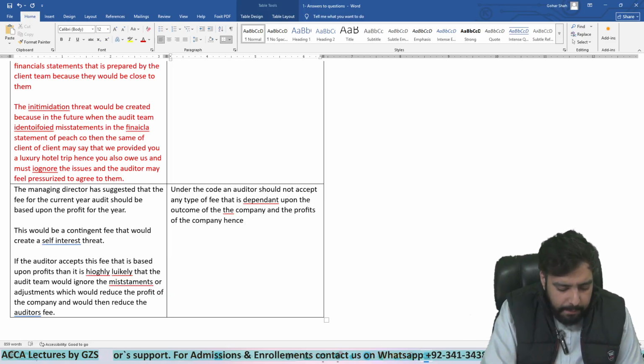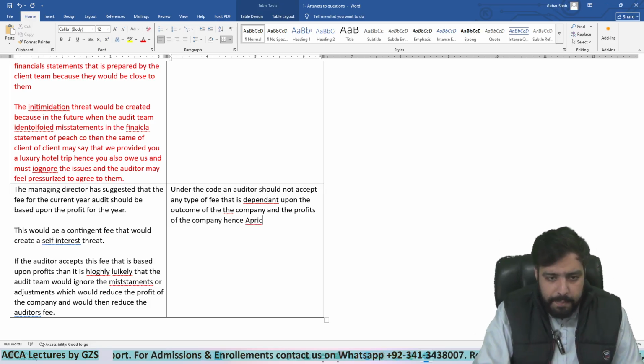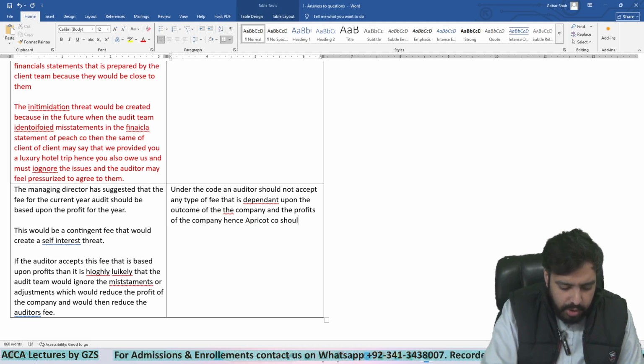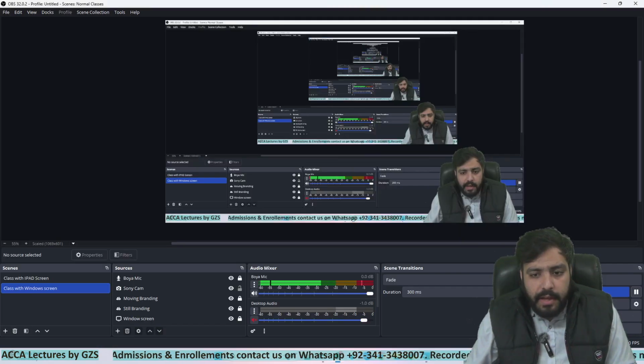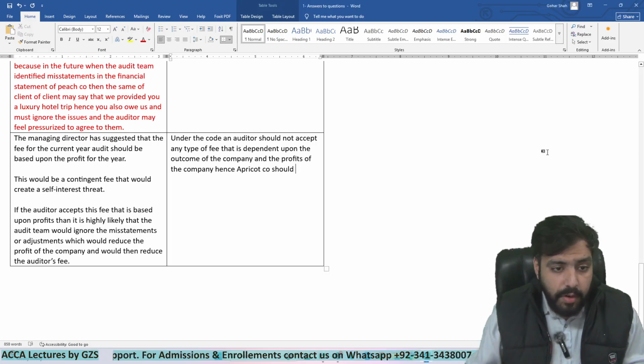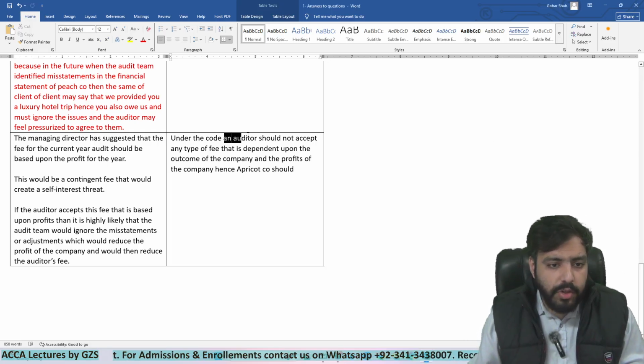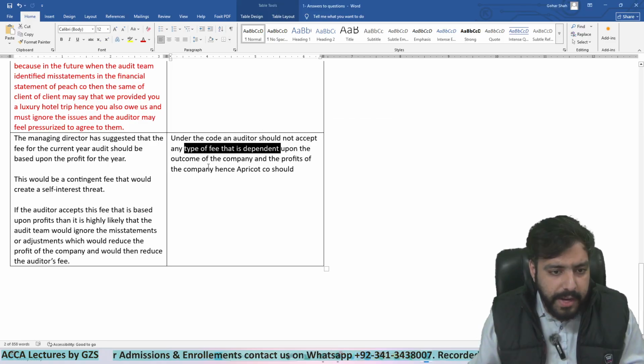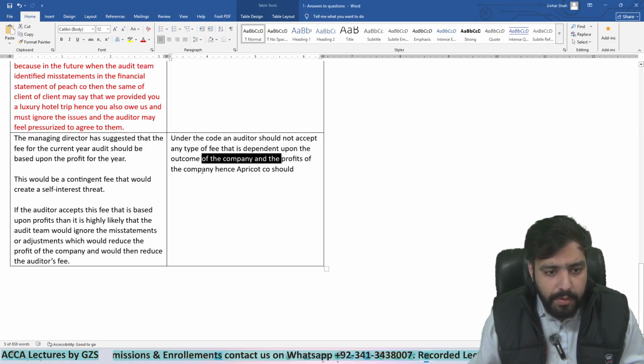Hence, Apricot Corporation, the name of the audit firm in which we work, should simply reject this. Continuing our answer, we have already written down, under the code, an auditor should not accept any type of fee that is dependent upon the outcome of the company and the profits of the company.